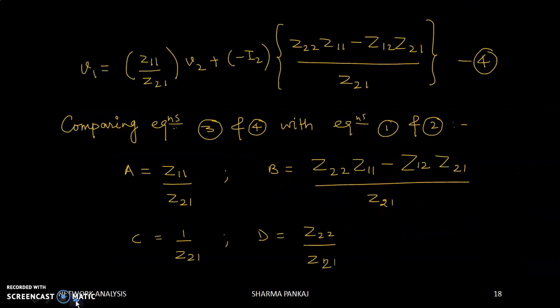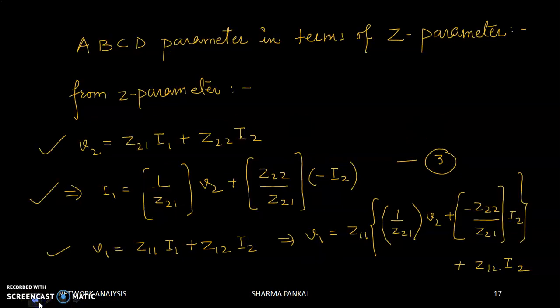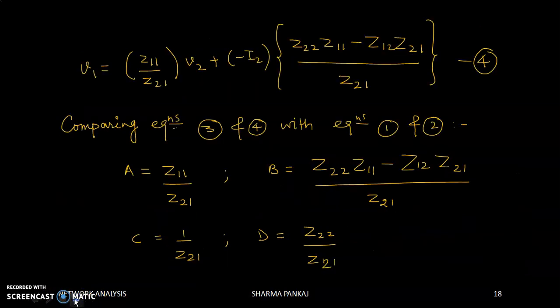So, to get ABCD parameter in terms of Z parameter, we have converted both equations of Z parameter in terms of ABCD parameter. That is, in equation number 1 we have I1 equal to something, and in equation number 2 we have I2 equal to something, V1 equal to something.